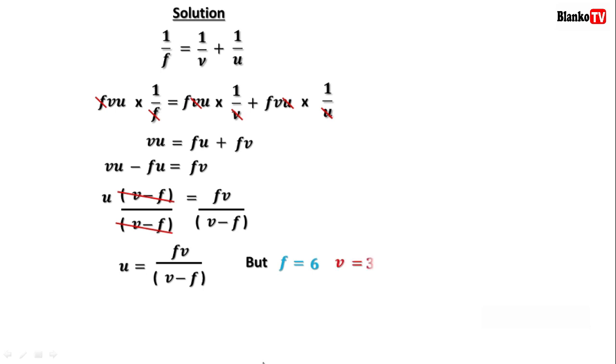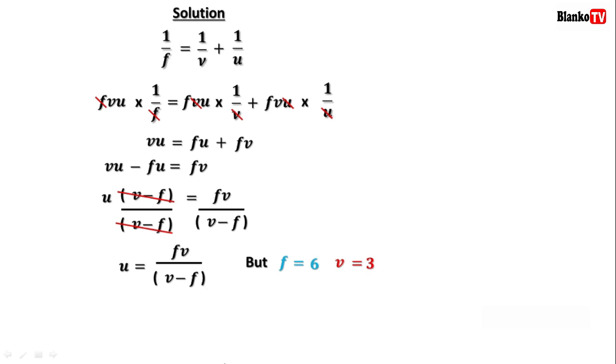But f is equal to 6, and v is equal to 3. So we have to substitute f equals 6 and v equals 3 into this formula.